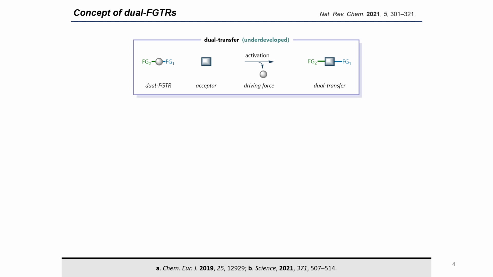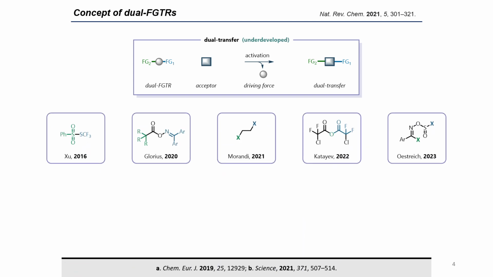The key examples include the recent development by the Zhu group, where they can transfer SO2Ph and SCF3 molecules onto an acceptor. The Glorius group has made significant developments in this field, and I highly recommend reading these Nature Reviews Chemistry articles from the same group, where they have discussed in detail what bifunctional reagents or dual functional group transfer reagents are. Then the Morandi group made a development in the field of catalysis using dihaloalkanes to transfer these X2 groups over olefins.